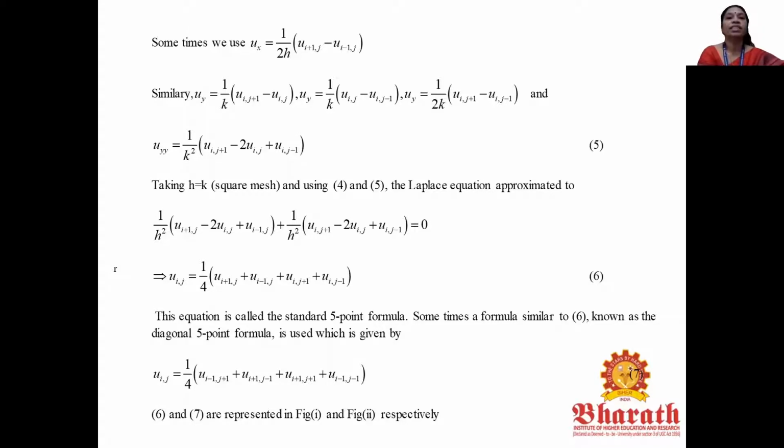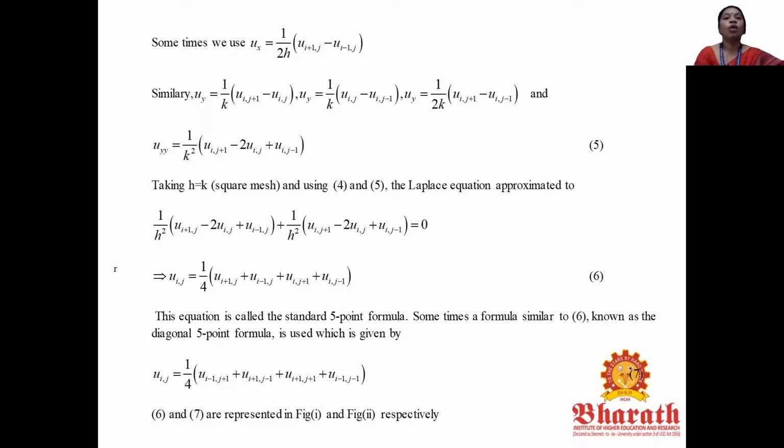So taking h equal to k, that is if you are taking a square mesh, where h and k have equal interval, and using equations 4 and 5, the Laplace equation is approximated to 1 by h square into u of i plus 1 comma j minus 2 u of i comma j plus u of i minus 1 comma j, plus 1 by h square into u of i comma j plus 1 minus 2 u of i comma j plus u of i comma j minus 1 is equal to 0.